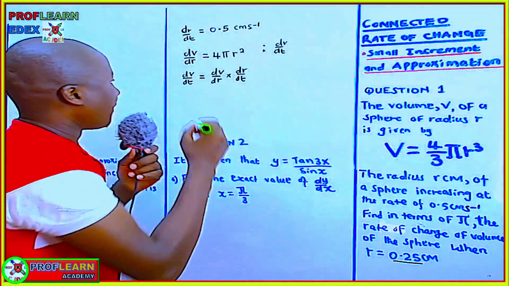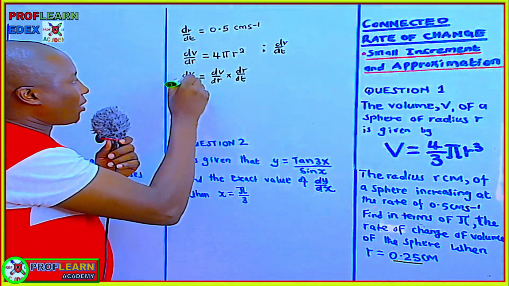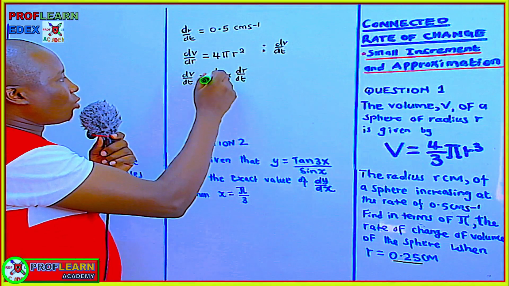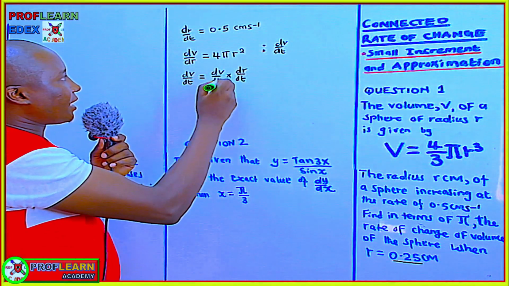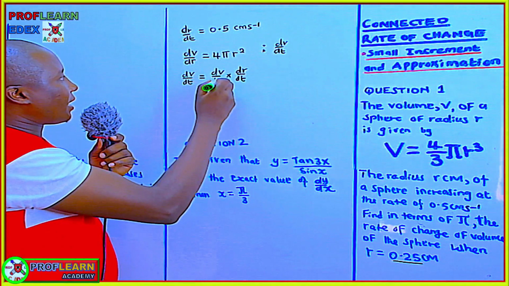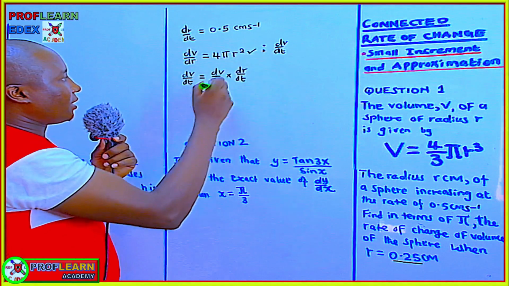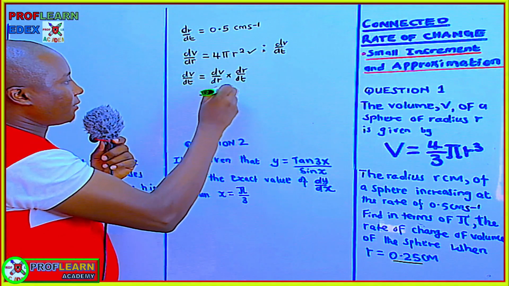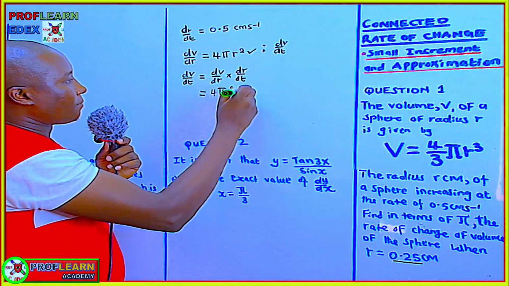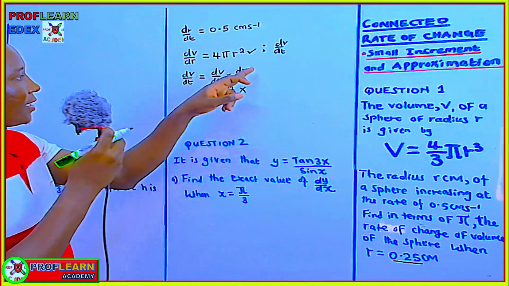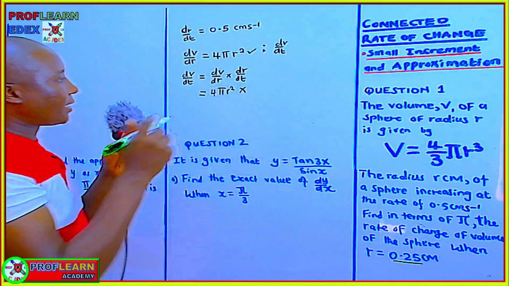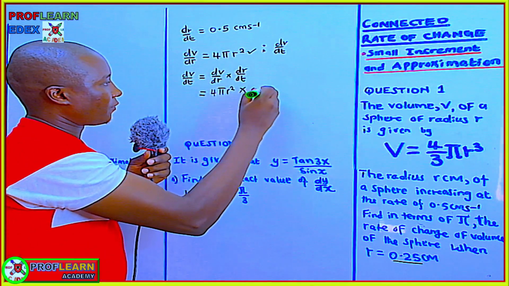So we can work out our dv dt: our dv dr is 4 pi r squared times our dr dt, which we had as 0.5.